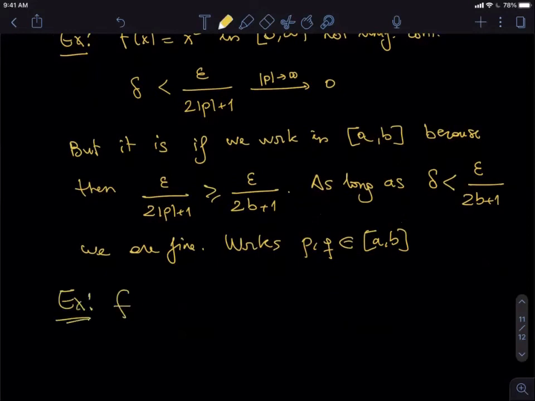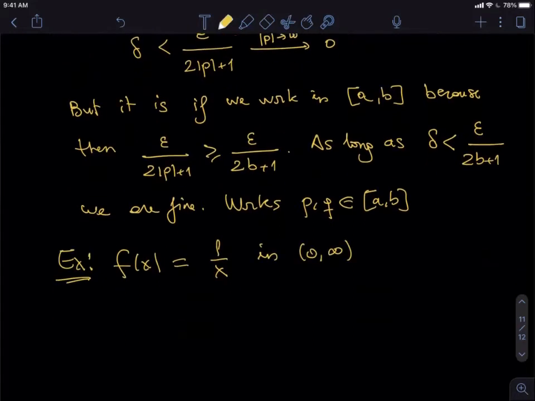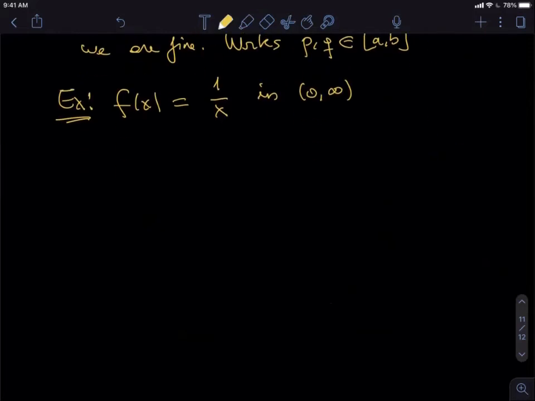For example, we could take 1 over x in 0 to infinity. And here, what we see is a similar type of problem, because we have here our 1 over x.